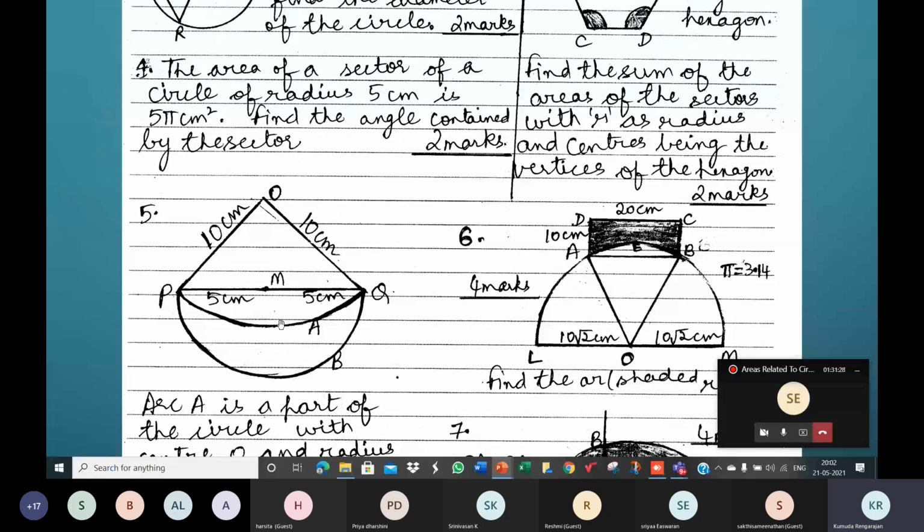From the diameter till this portion is the semicircular region. So find the area of the semicircle and take away the area of the segment which you found earlier. That will give you the area enclosed between the two arcs.